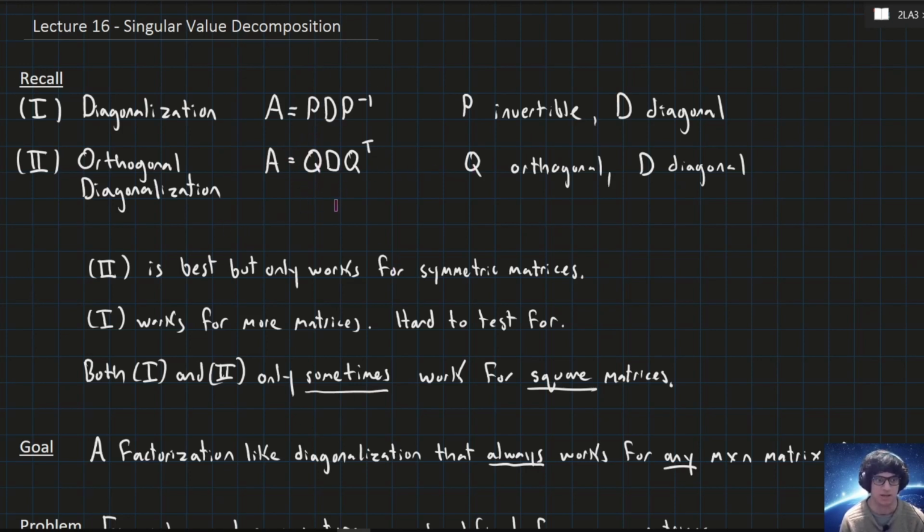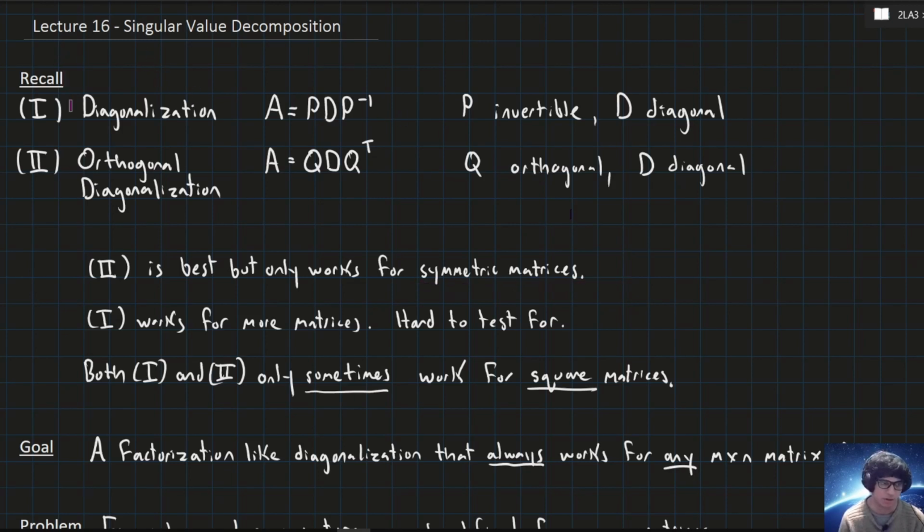And D still diagonal. Okay, so this orthogonal diagonalization was sort of the best form we could get. But it only works for a very special kind of matrix, right? It only works for symmetric matrices and nothing else.